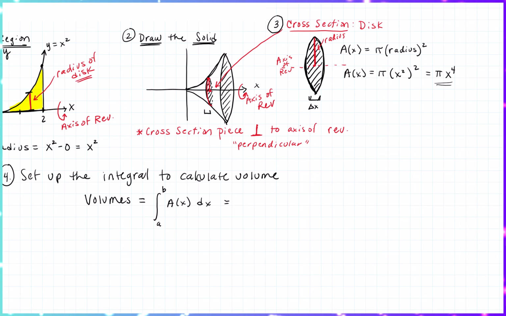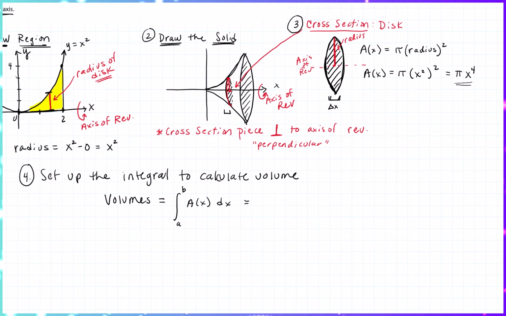Well, our solid lies between 0 and 2. I didn't actually put that over here. This is 0 and this was 2. That's where the solid lies. So this is going to be the integral from 0 to 2 of our area function, which we calculated, pi times x to the 4th dx. And that's how we can calculate the volume of this solid of revolution.